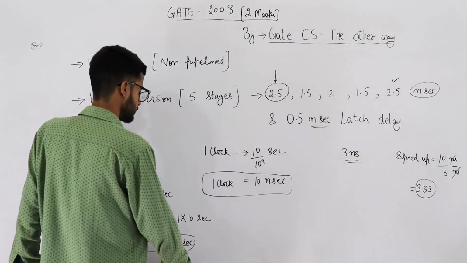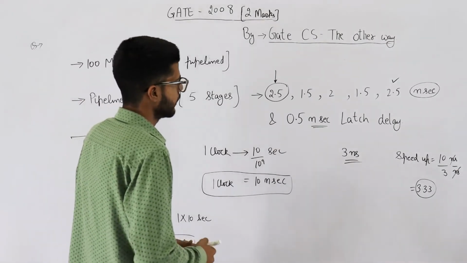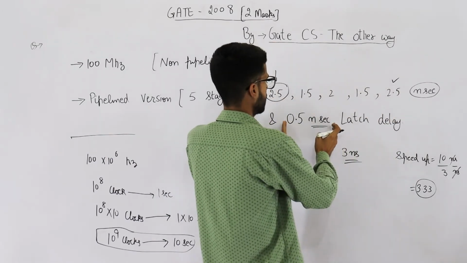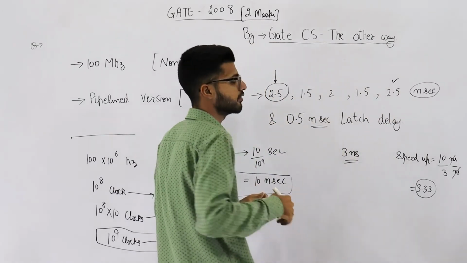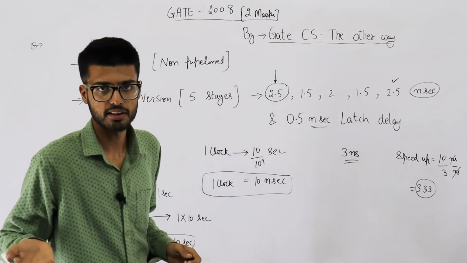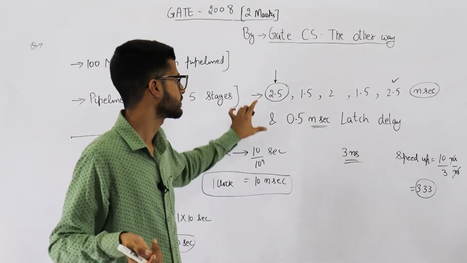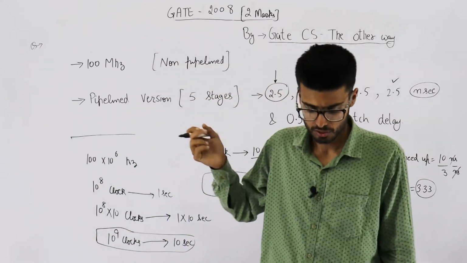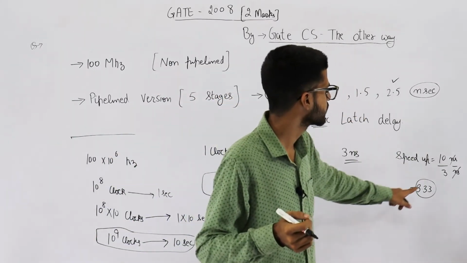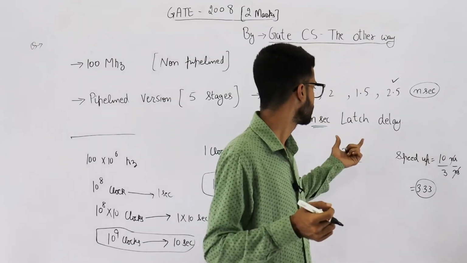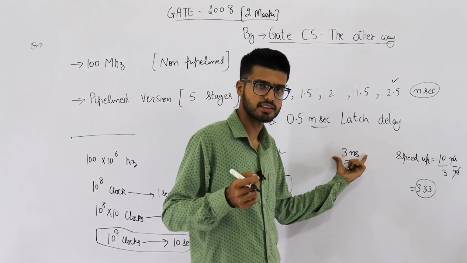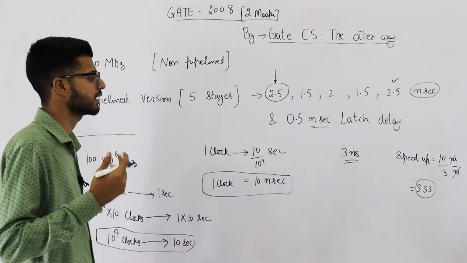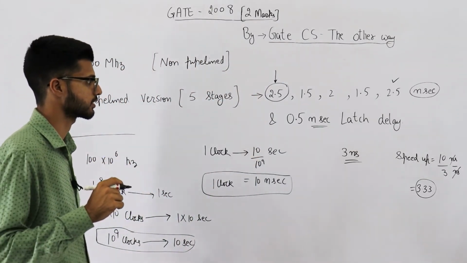Next thing that needs to be explained is, here we have assumed that stage delay is 2.5 plus 0.5 for the latch delay or buffer delay. That means here clock rate is 3 nanoseconds. So how can I assume each instruction here takes 3 nanoseconds? This 3 nanoseconds we just calculated is the clock rate or the time period for clock. How can I say one instruction takes this much time?